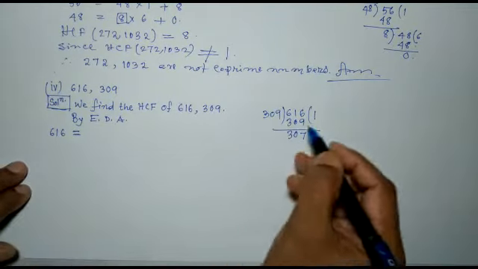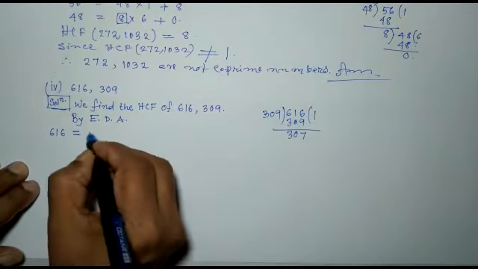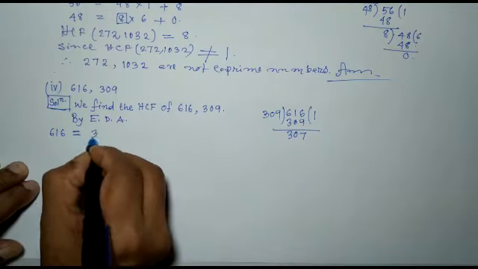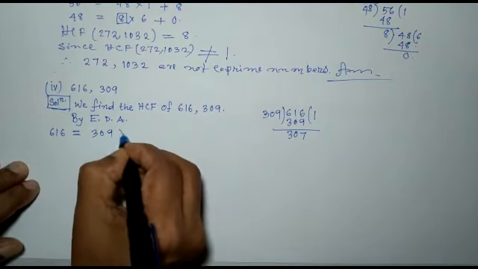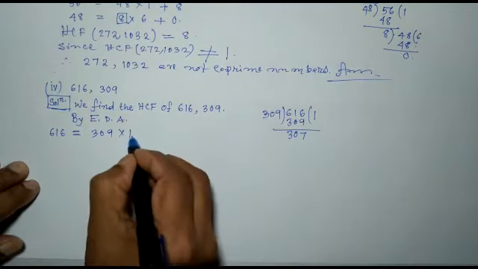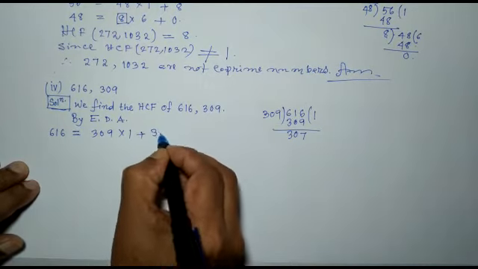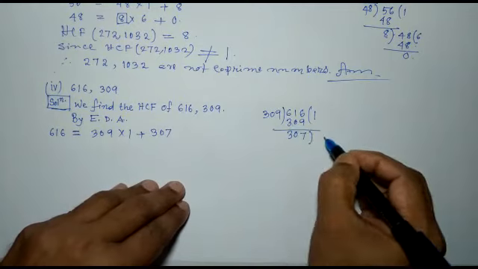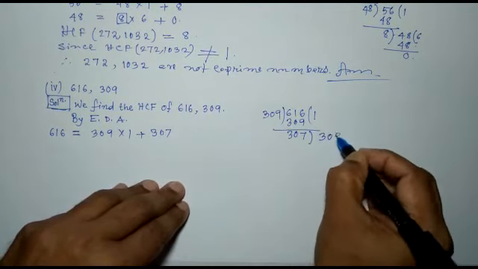So we can write for this division, dividend is 616, divisor 309, into the quotient is 1, plus remainder is 307. By this 307 we will divide this 309.